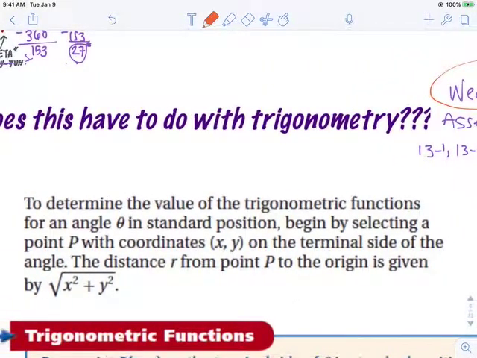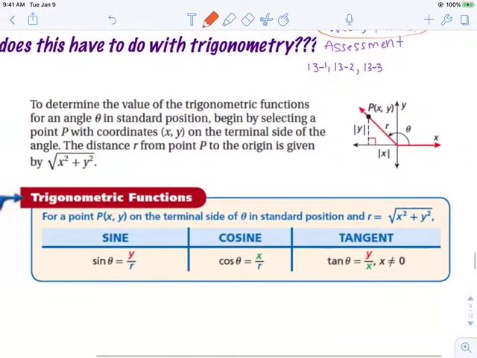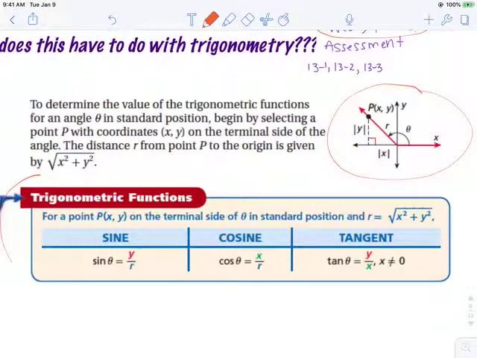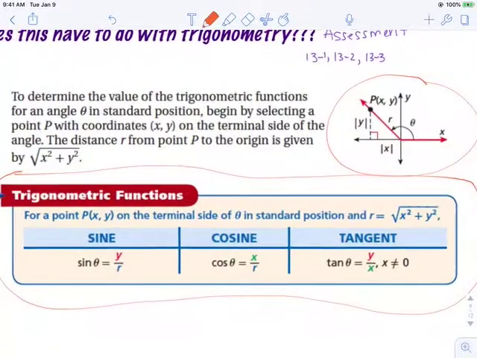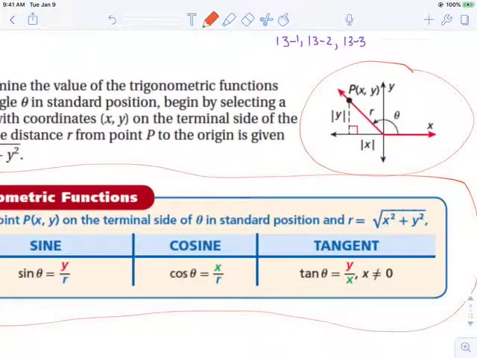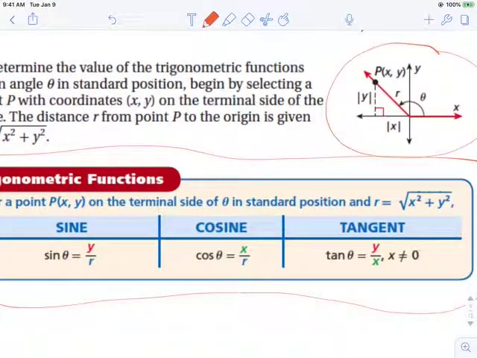So, let's see. Probably actually just want to get this down. This is what is going to be important. You want to have this diagram, and you want to have this to go with it. They are not on Schoology, no. This is so important, I want you to copy it down, right? Copy it down by hand.